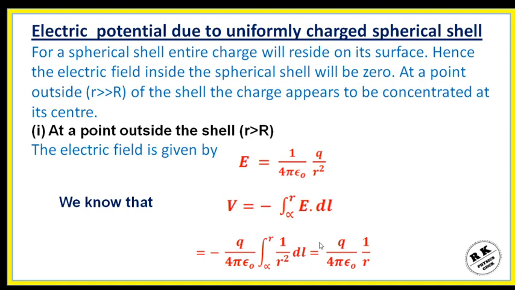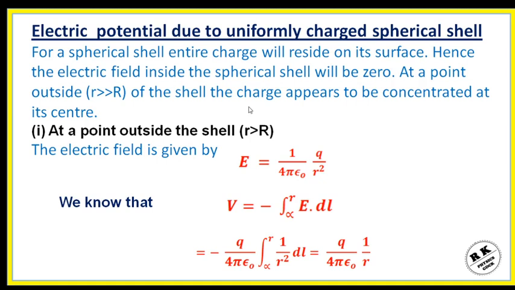So the same expression will come for an outside point, that is V is equal to Q upon 4 pi epsilon naught times 1 upon r. So we can say that even for the case of potential, the entire charge of the shell, which is actually present on the surface of the shell, appears to be concentrated at the center of the shell.